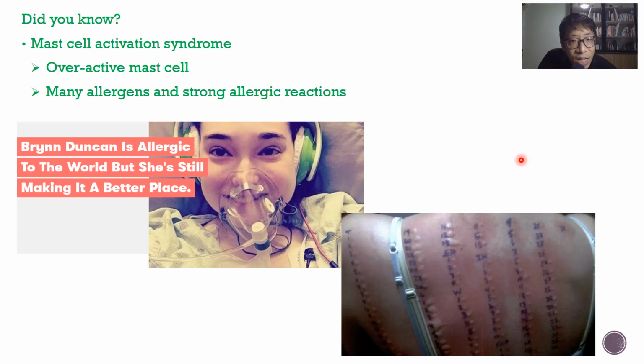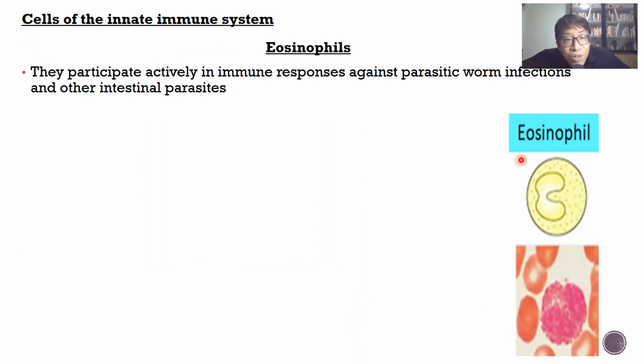All right. Okay, let's move on to the next one, eosinophils. These are immune cells that are more involved in the immune response against parasitic worms. They are not specific to any particular type of worm, but if it is a worm, then it is usually these eosinophils that are involved.